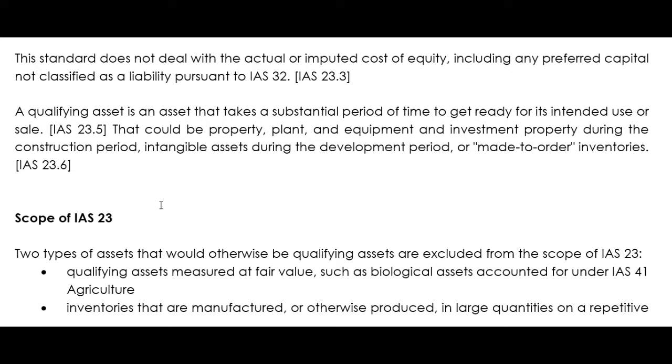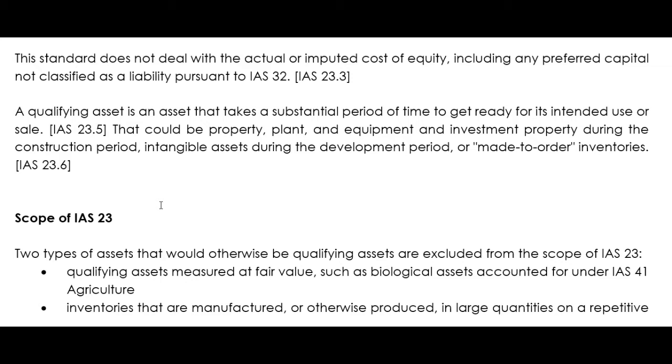Next, a qualifying asset is also one of our key definitions. A qualifying asset is an asset that takes a substantial period of time to get ready for its intended use or sale. Meaning it will take more than 1 year, or at a minimum 1 year, before you can use the asset.